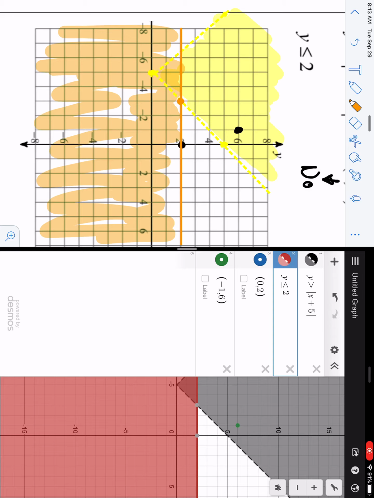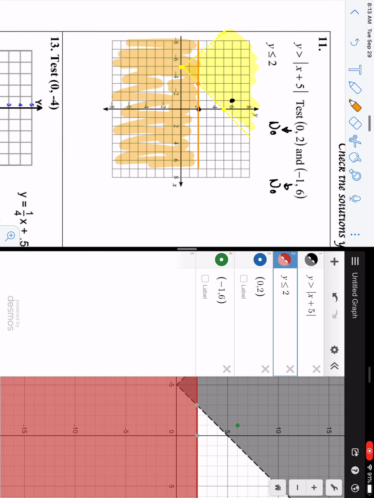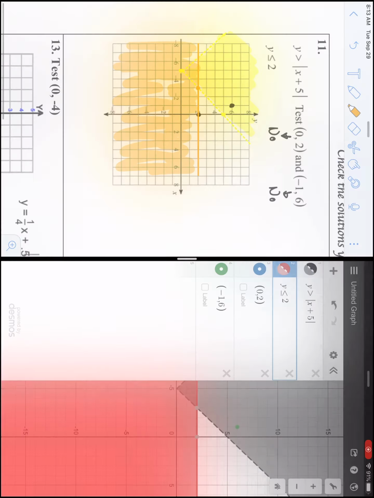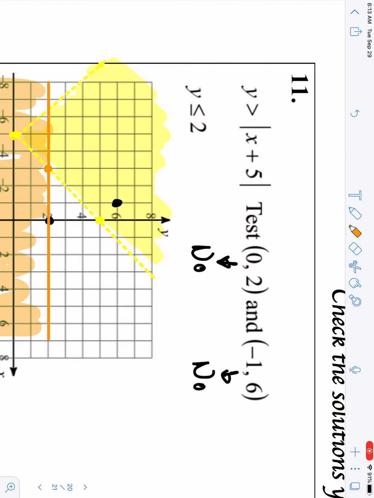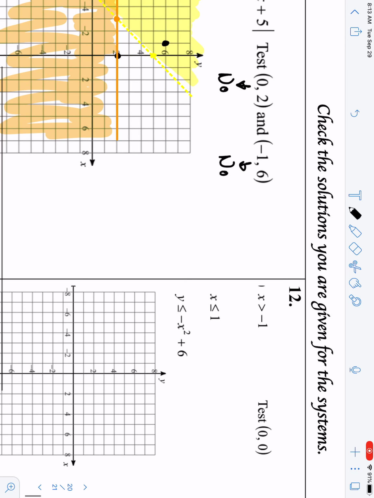All right, so again, this is not that difficult. You can always plug these numbers in if you don't like Desmos, but I would highly recommend that you just graph it. We're much more likely to not make a mistake by graphing than we are doing algebra.